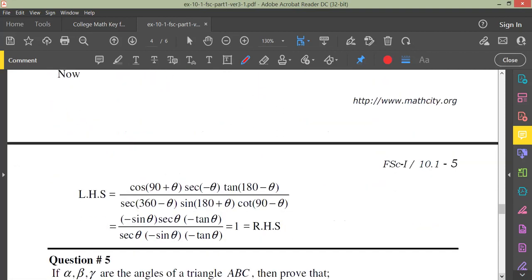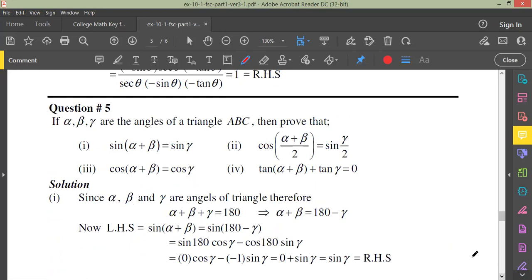Similarly, our last question of exercise 10.1 is, if I take this question on the whiteboard, if I write sine of alpha plus beta, we have to show that this is equal to sine of gamma.